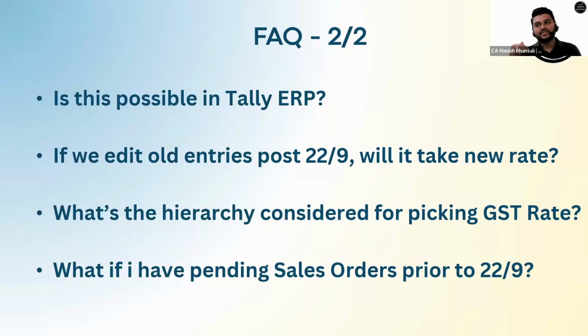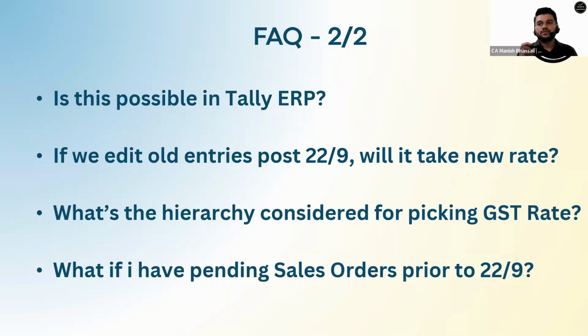So if you have rates in the stock group as well as the stock item, and you're wondering that you've changed the rate in the stock group but it's not getting affected in your invoice, or that Tally has some problem, it's not so. The logic is, first it will pick the stock item rate. So you have to make sure that the stock item rate is also changed, or you can just remove the rate if you want it to pick the rate only from the stock group. Only after it checks the stock item will it move to the stock group.